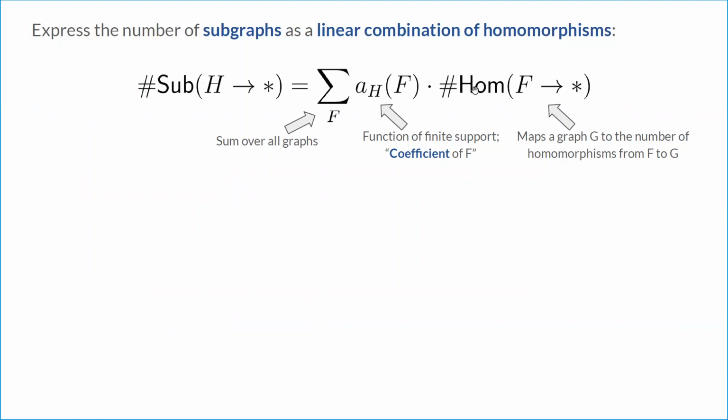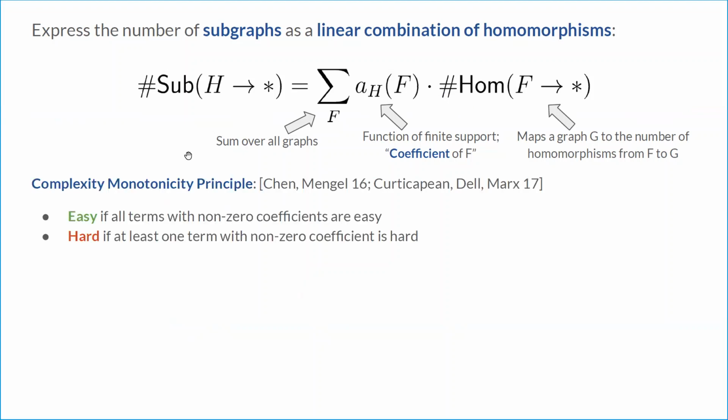And here, a homomorphism count, this term #Hom from F to star, is the function that maps a graph G to the number of homomorphisms from F to G. It is known that for every graph H, there exists such a combination, and the linear combination is actually unique. And then the complexity monotonicity principle states that evaluating such a linear combination is precisely as hard as evaluating its hardest term with a non-zero coefficient.